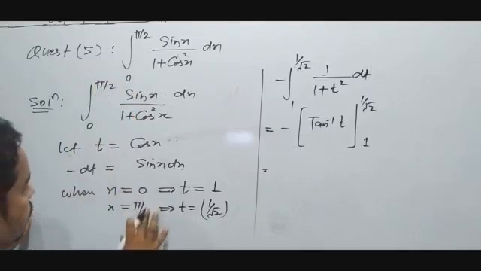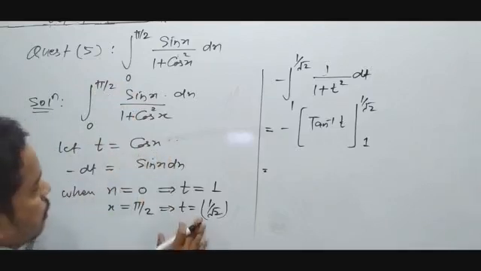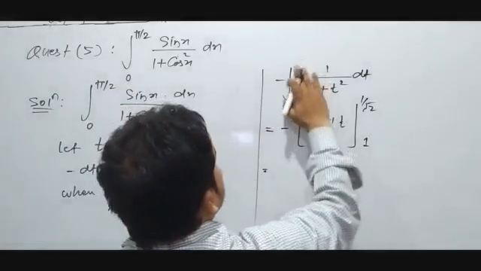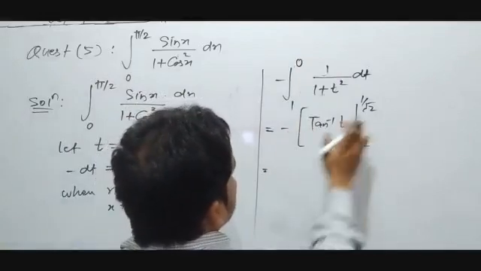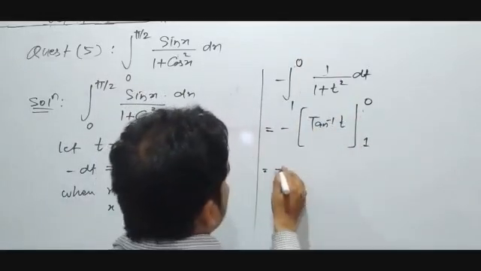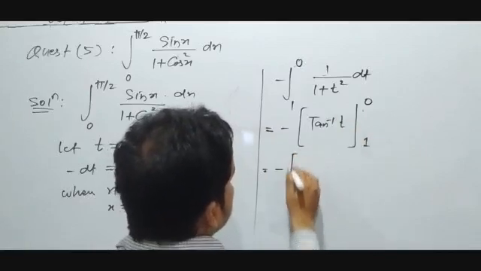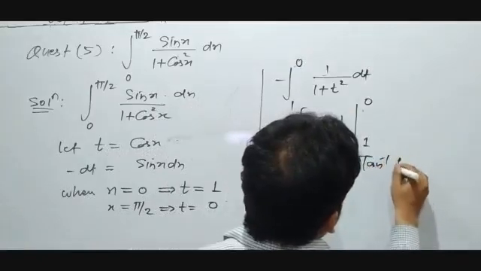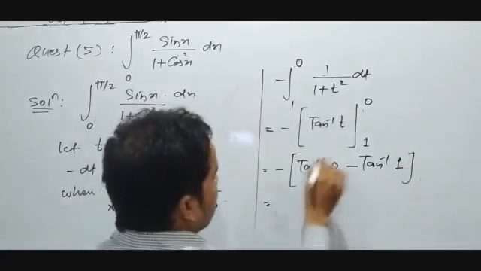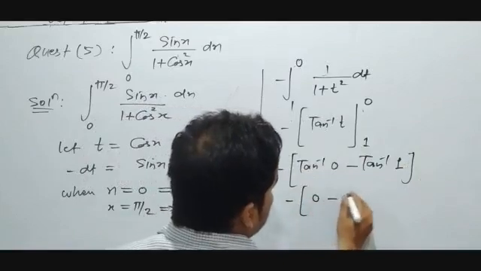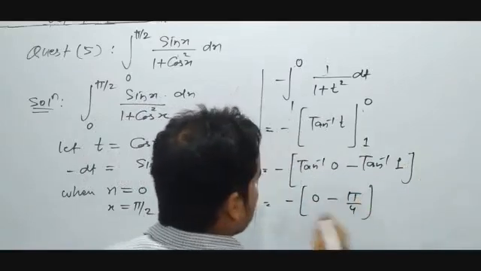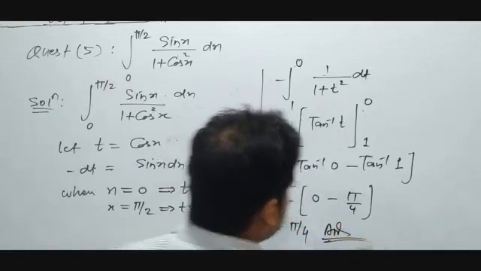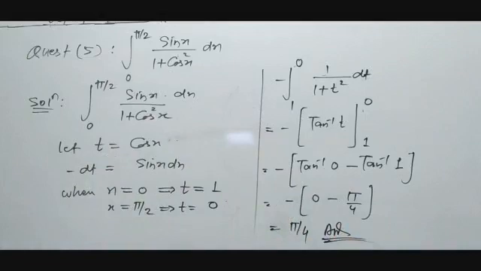So t is equal to 0 in that case. Now when you put the upper limit, the result will be tan inverse 0 minus tan inverse 1, and tan inverse 0 means the result is 0, and minus pi by 4. So the answer is pi by 4. Now question number 5 is completed.